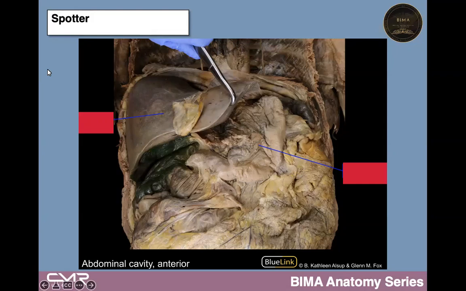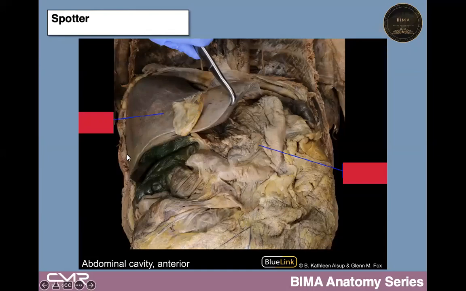But there are other landmarks here which aren't really labeled, which you can't see very well. Can anyone tell me what this is before I tell everyone? So, unfortunately it's not the gallbladder. This is the falciform ligament here from the liver.